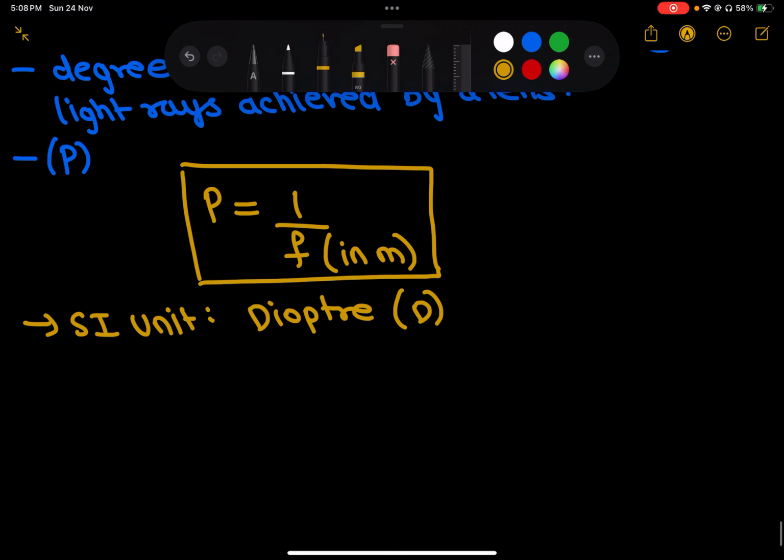Okay, so now I'll define one diopter. Okay, what is one diopter? Again, a very common question. Define one diopter power of a lens. What is one diopter?